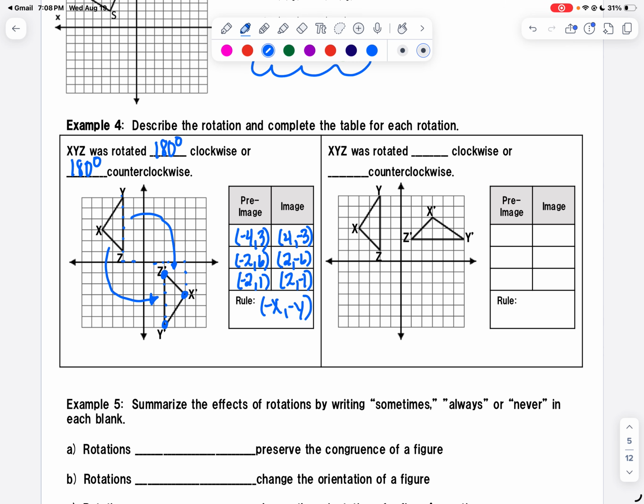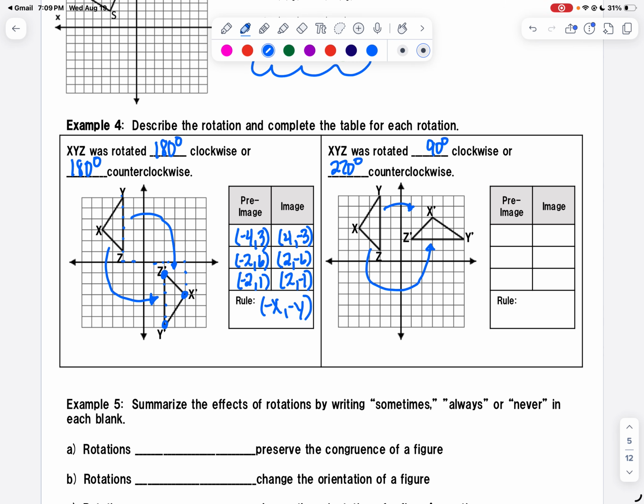All right. In our next question, XYZ was rotated one quadrant to the right, so that would be 90 degrees clockwise, or 1, 2, 3, that would be 270 degrees counterclockwise.